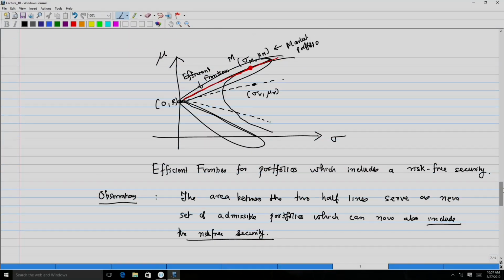So, by this I mean that you observe that we have this particular line which connects (0, R) with some portfolio (sigma_v, mu_v).